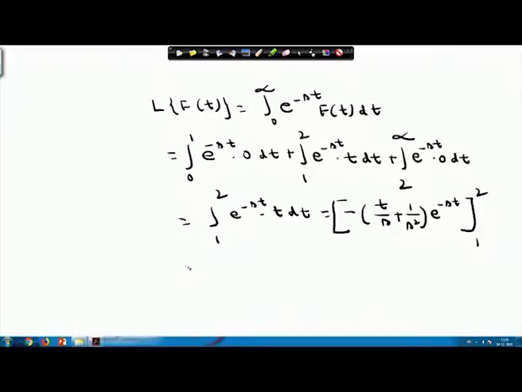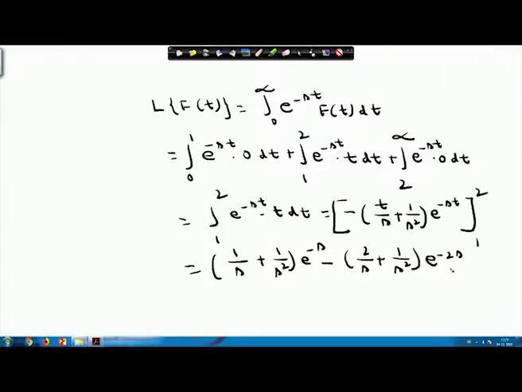If I put the limits, you will obtain 1 by s plus 1 by s square into e power minus s, minus 2 by s plus 1 by s square into e power minus 2s. One is for the lower limit, another is for the upper limit, so it is minus 2s.